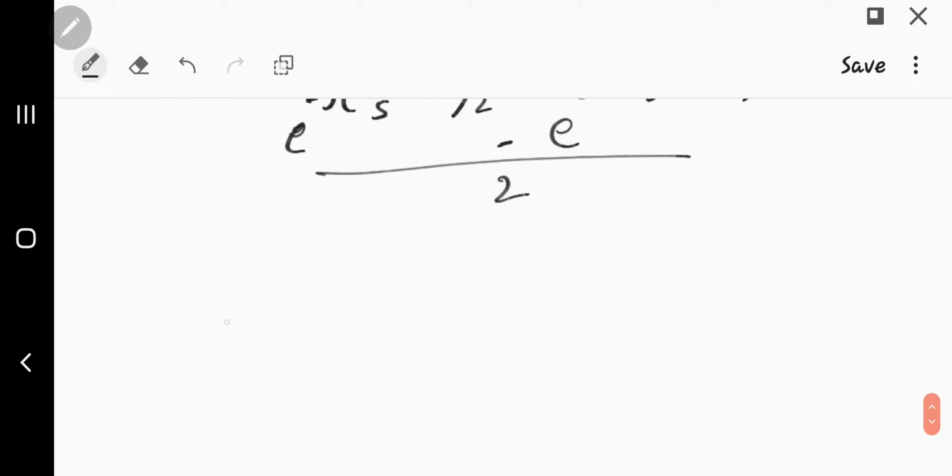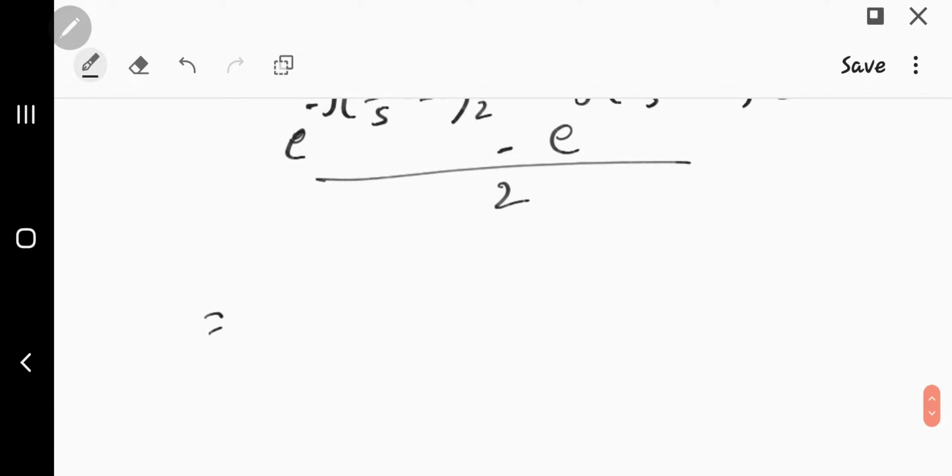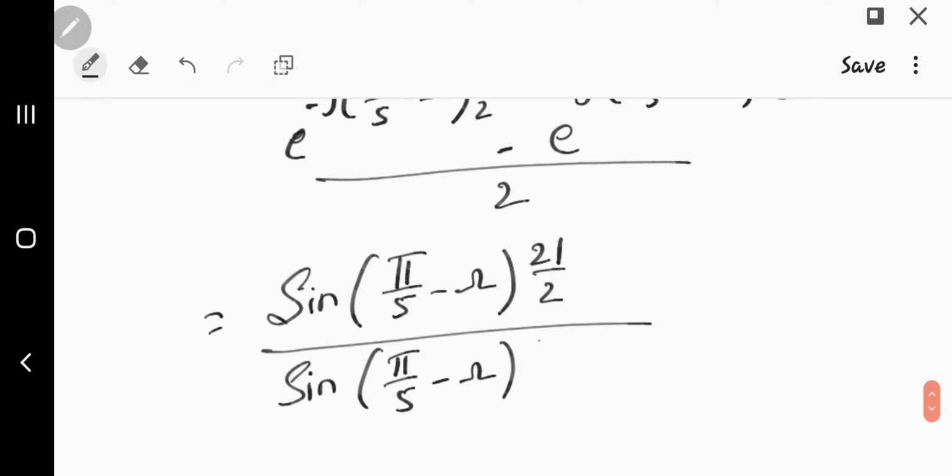Based on this, you can see e power j theta minus e power minus j theta by 2 can be written like this: sine pi by 5 minus omega 2 1 by 2 divided by sine pi by 5 minus omega into 1 by 2.